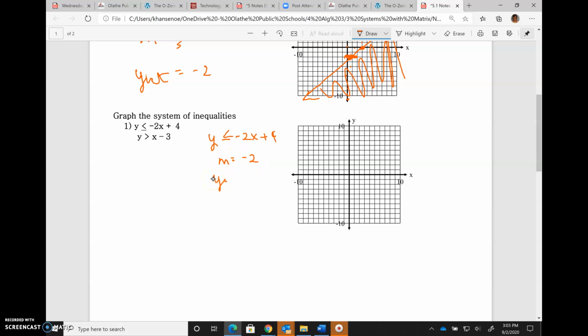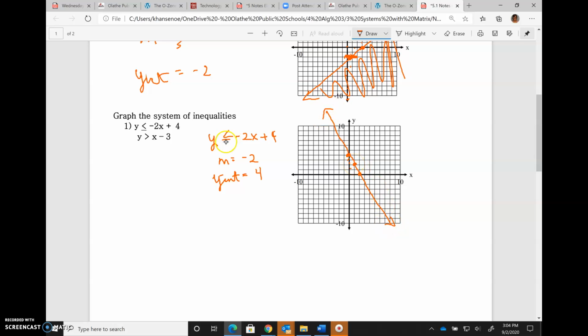My y-intercept, 4. So I'm going to go up to 4: 1, 2, 3, 4. Put a point, then I go down 1, 2, to the right 1. Down 1, 2, to the right 1. Solid or dotted line? Perfect. So it's a solid line.